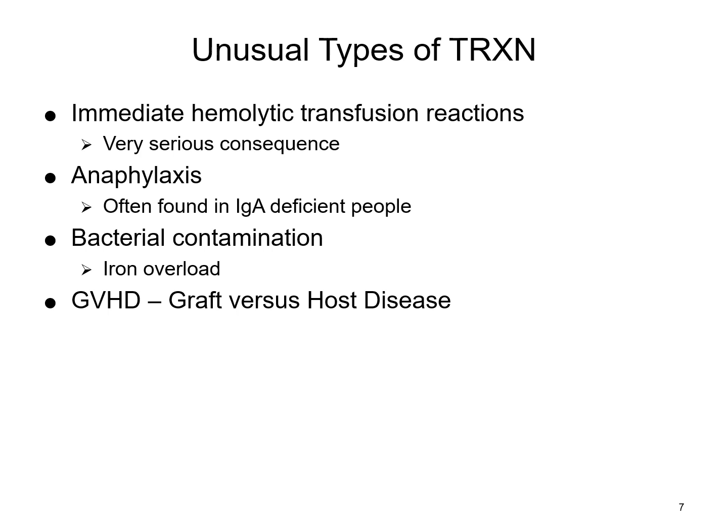Typically you're not going to have these because you've done all your checks and steps that should be involved as far as preventing any kind of immediate reaction that would happen. Anaphylaxis is going to be more of your unusual, as well as bacterial contamination, and then graft versus host disease.